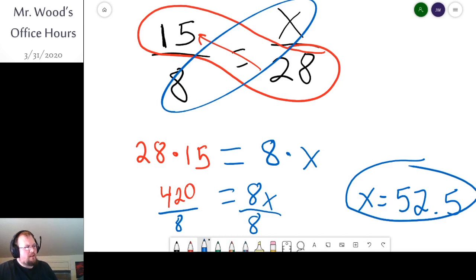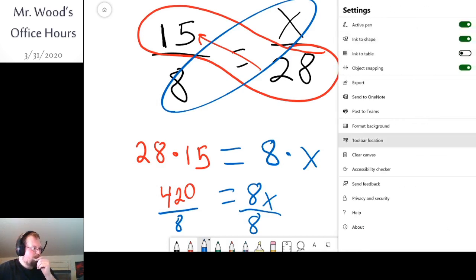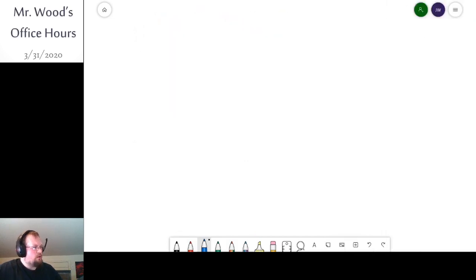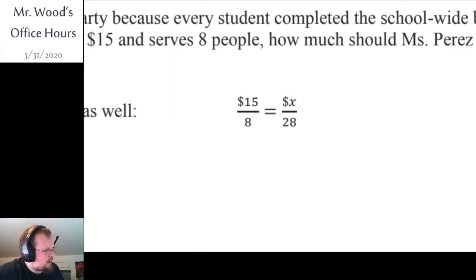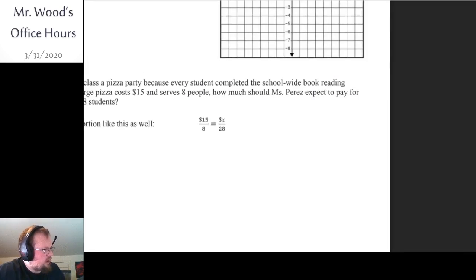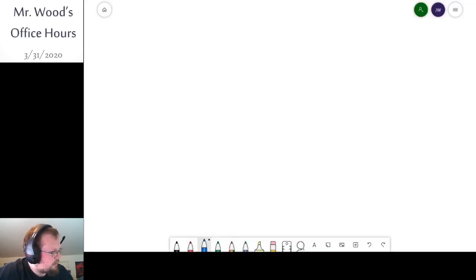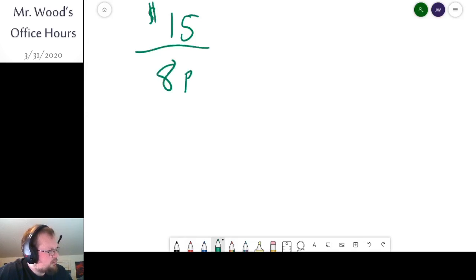But the reality is you can do this problem in a ton of ways. You could actually figure out the price for a single person to get food. So you know from the problem it costs $15 to serve 8 people. So you know that it's $15 for every 8 people. If you divide those, you calculate what's called the unit rate.